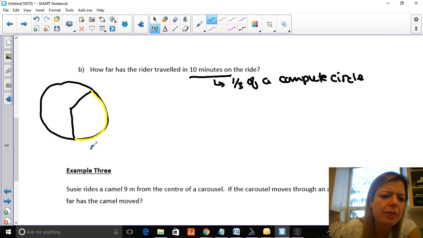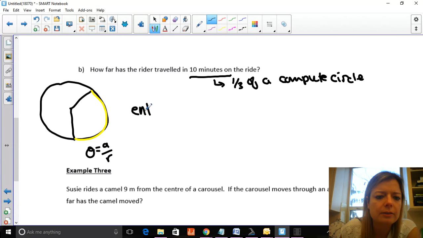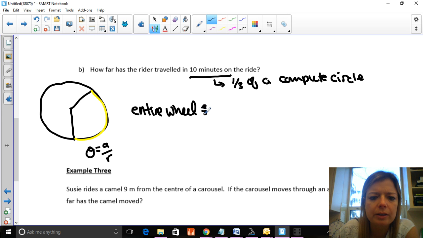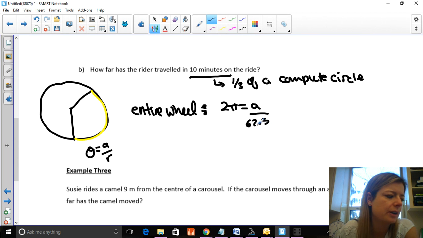So remember that theta is equal to A over R. Okay, so the entire wheel, if you're looking at the entire wheel, your theta is 2 pi, which is equal to your arc length divided by your radius, which is 67.5, which is half of 135.